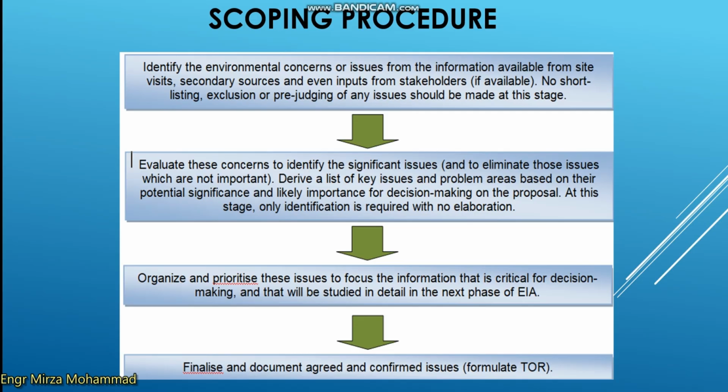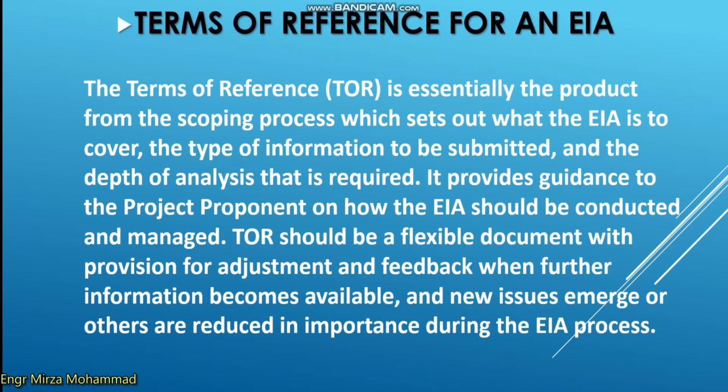After that, we'll make a proper listing based on the priorities, or the level of damage or the level of importance of these factors. And after doing so, we have to finalize and document the agreed issues and confirm them in a formulated form, which is known as TOR, that is, terms of reference.